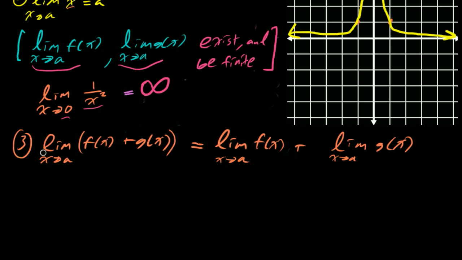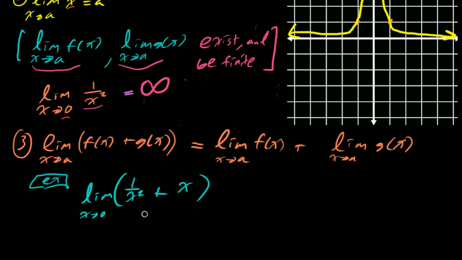Let's say, to demonstrate this rule, this is an example. Let's take this first function, the limit as x approaches 0 of 1 over x squared, and say that's our f of x. And we're going to add to that, plus, let's say, x.